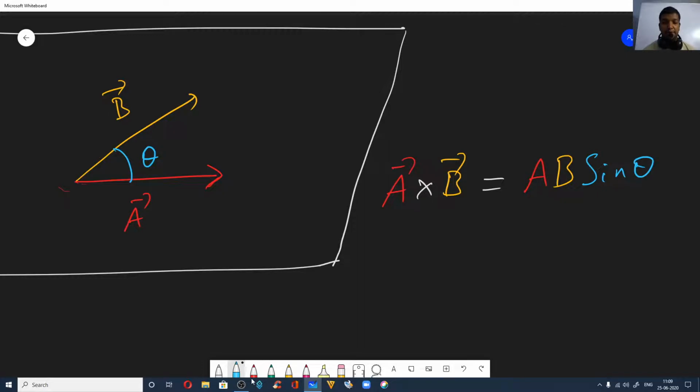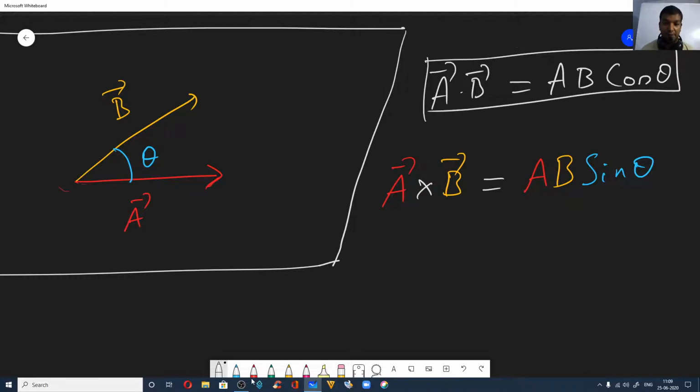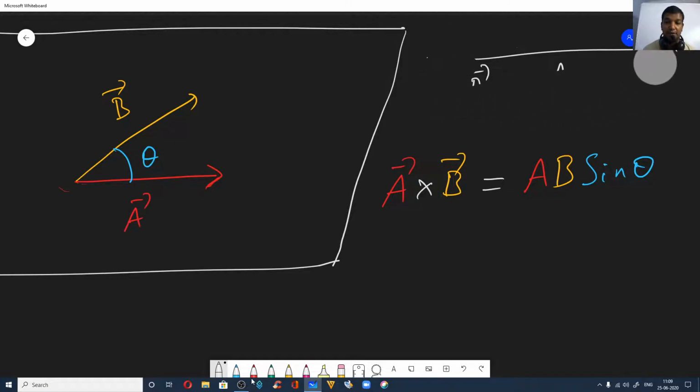If you compare with dot product, A dot B is A B cos theta. That is how we define dot product. Don't write the same cos theta for cross product. It is magnitude of A, magnitude of B, and sine of the angle between them.